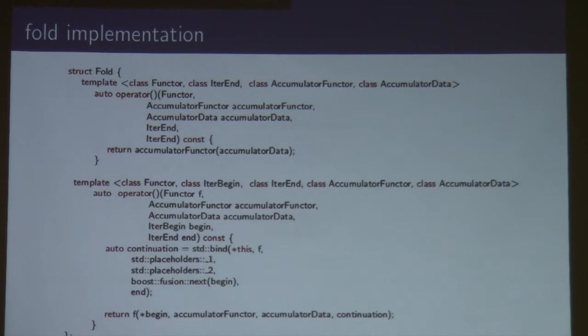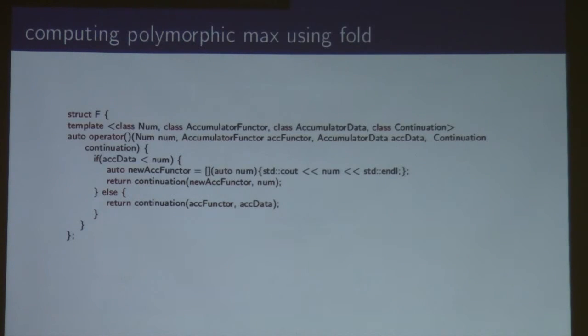And so we've got the assumption here that all of this accumulate functor, all of them must return the same type. So we've got this assumption, but it's not very constraining.